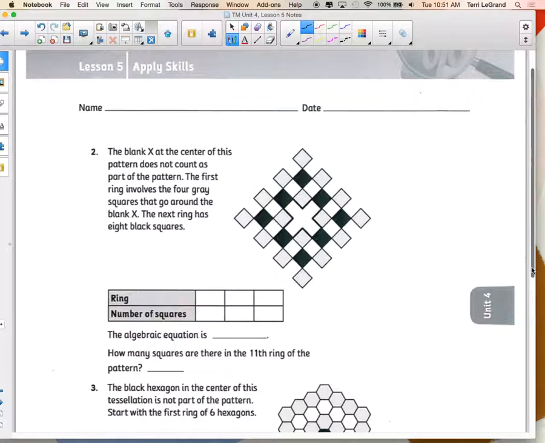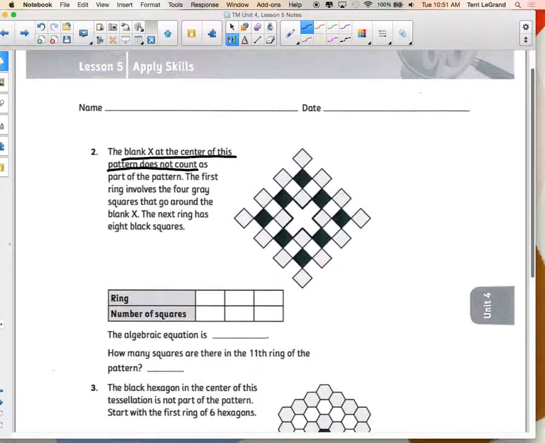Okay, tell me something that's really important in this one, something that we have to take into account before we even try this problem. In fact, circle it, underline it. Okay, Kaden, what? The blank X at the center of this pattern does not count as a part of the pattern.